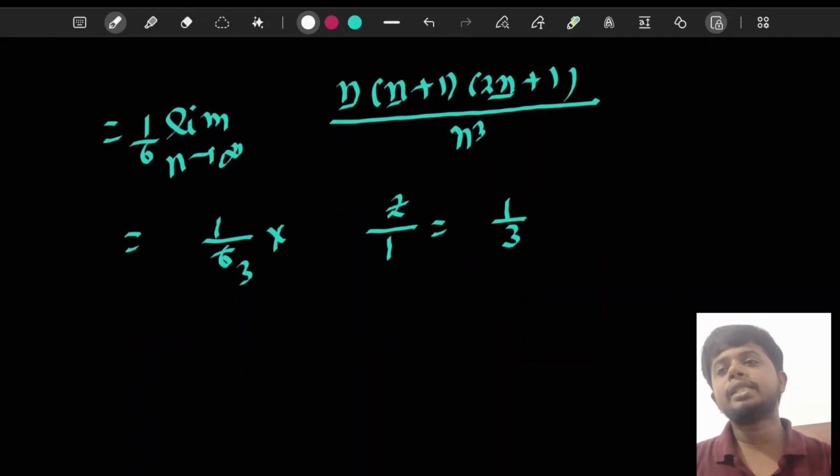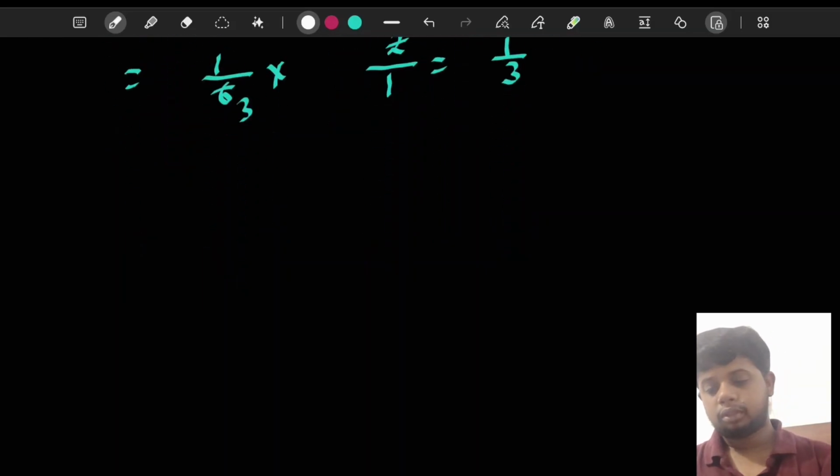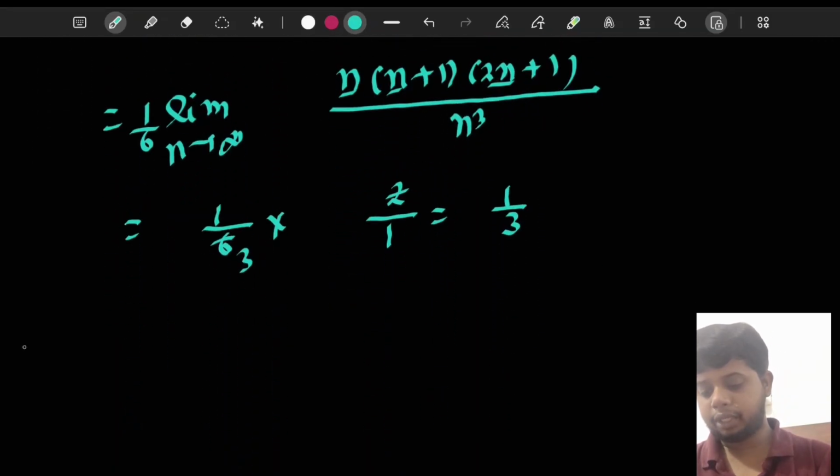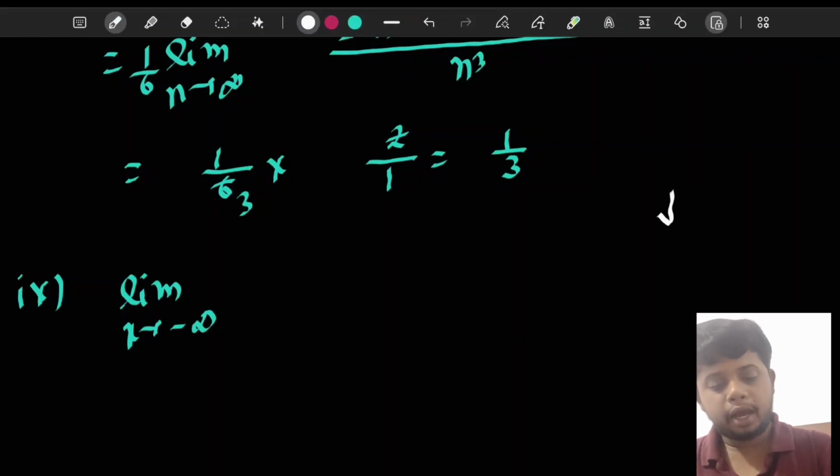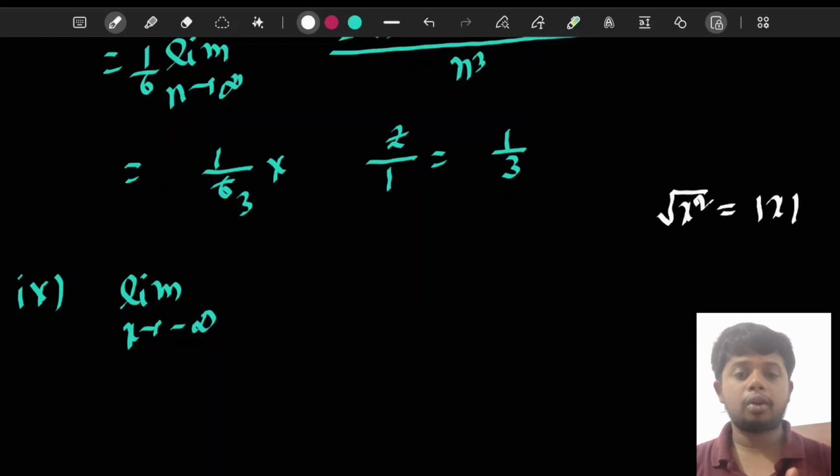Now we will see the concept of minus infinity. So now our limit is extending to minus infinity. I hope everyone knows this property: under root of x square equals mod x.